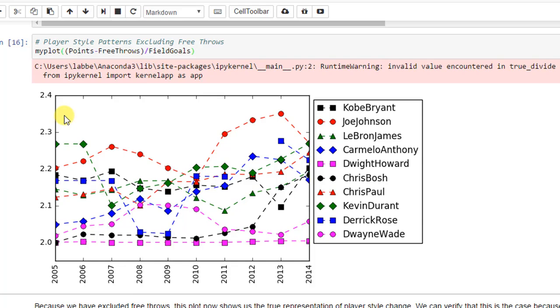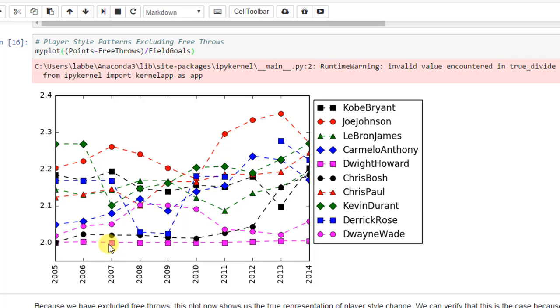Let's take a look. Dwight Howard's mean is almost 2. It's a little different in some years, but on average it's almost 2, so we can say for sure that he is not a distance player, so he doesn't shoot 3-pointers, for instance.